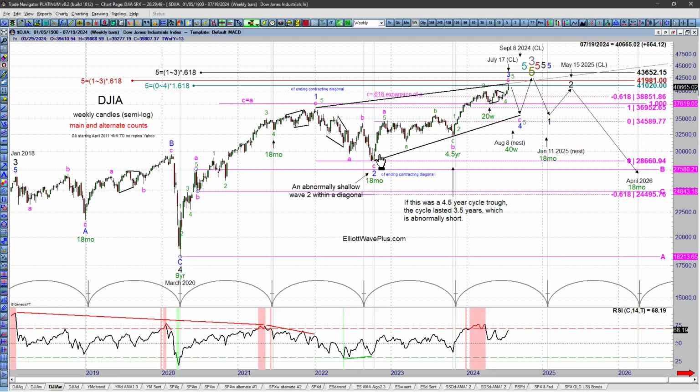And then also, the only requirement I had for this wave 3 of this diagonal is that it be shorter than wave 1. Well, it could go way higher, and still not be as long as this wave 1 was in blue here.